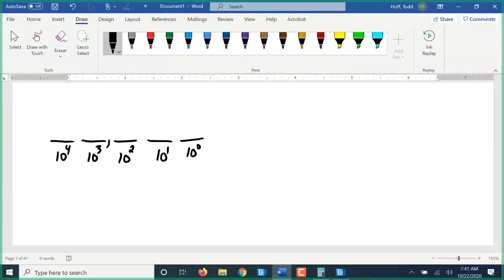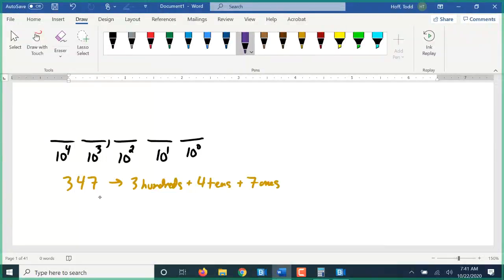And in the first week of the semester, we looked at if I have a number like 347. I can write that out in long form or full form as 3 100s plus 4 10s plus 7 1s.